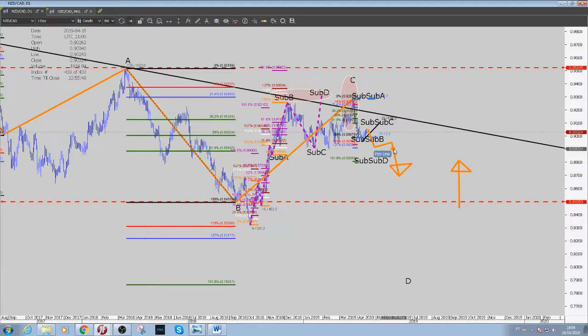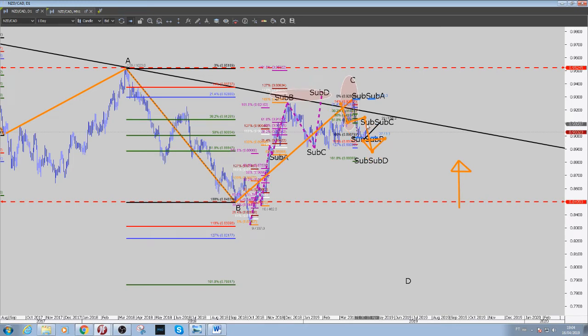If the market is going to fall now, right, because of the news announcement, what is going to happen? Well, number one, the market is going to break the sub A of the contrarian. Okay, so the contrarian is not valid anymore, so we can delete it. Number two, if the market is going to fall deep enough, it's going to fulfill the sub D extension of the Fibonacci of the confirmation.